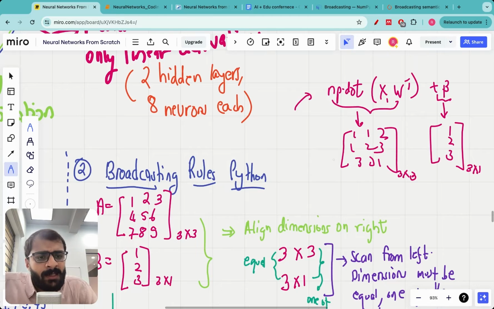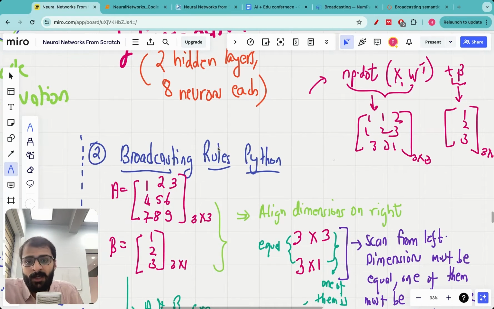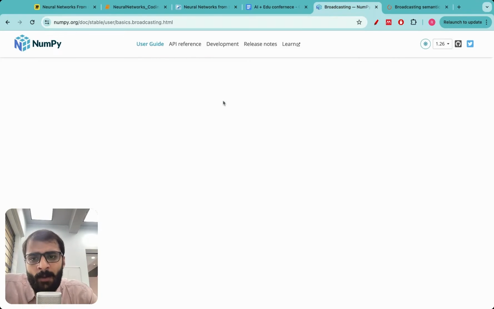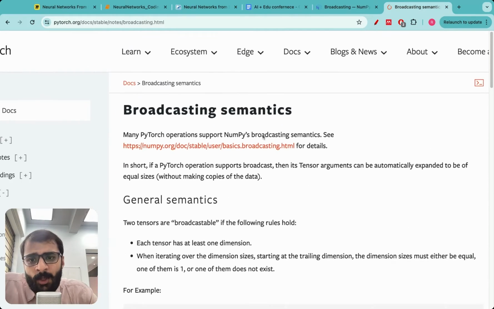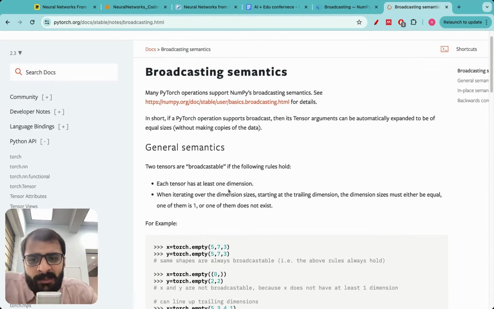It is possible to do such additions, or even multiplications, subtractions and divisions, in Python if you understand what are called broadcasting rules. Different libraries have their own broadcasting rules; if you type numpy broadcasting, you'll be taken to this document. If you type pytorch broadcasting, PyTorch is also a library for neural network coding, then you will see this documentation.